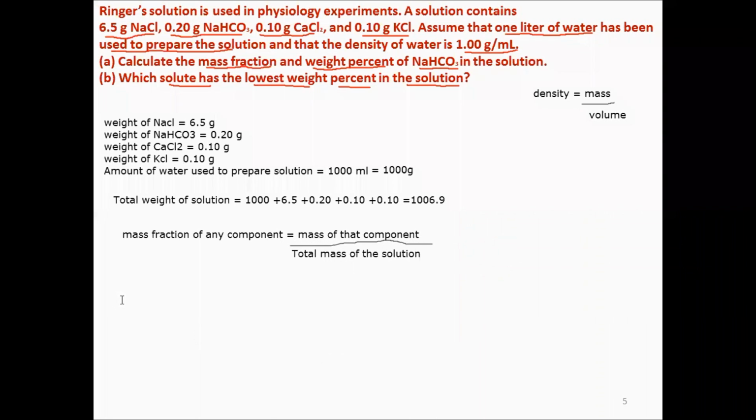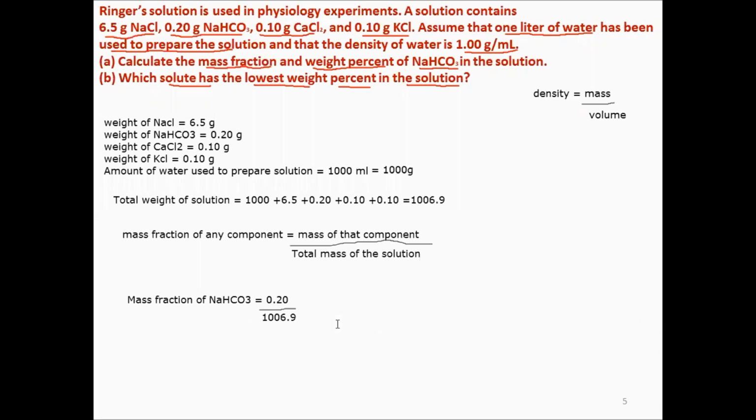So putting these values, let us calculate the mass fraction of sodium bicarbonate, NaHCO3. It comes out to be equal to the mass of NaHCO3, which is 0.20, divided by the mass of solution we have calculated, which is 1006.9.